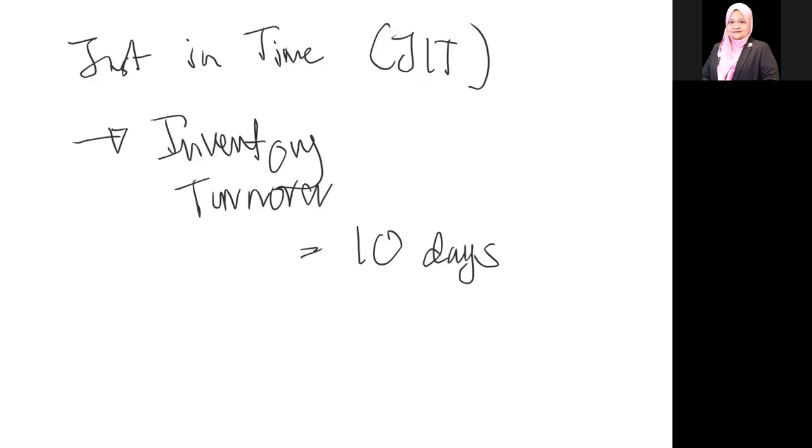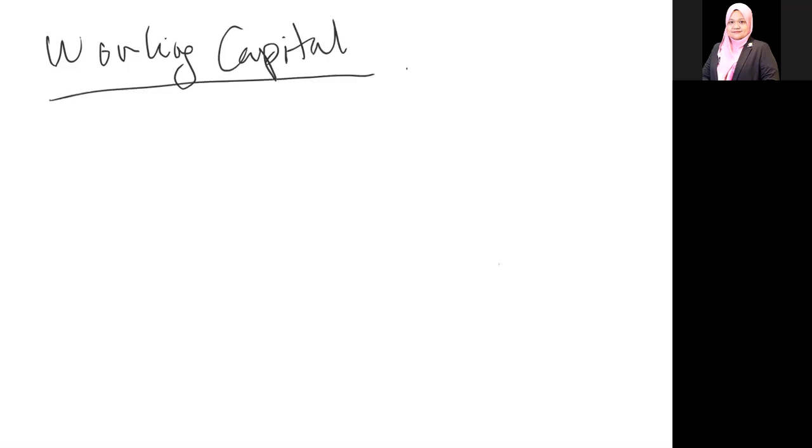Okay, so a part of the inventory management system in working capital, there is account receivable. Remember that in working capital, we are dealing with current assets and current liabilities.